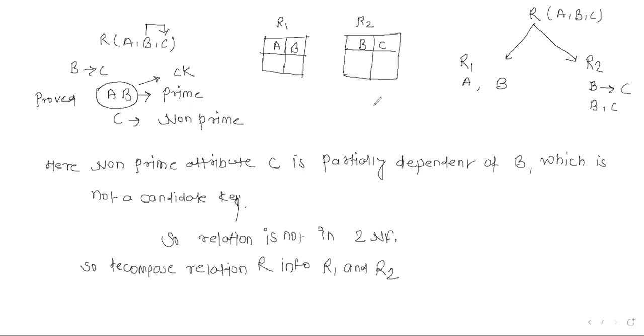Okay. Now come to the third normal form. We will see the theory part. Explanation we will do in the next class. So next is third normal form, 3NF.